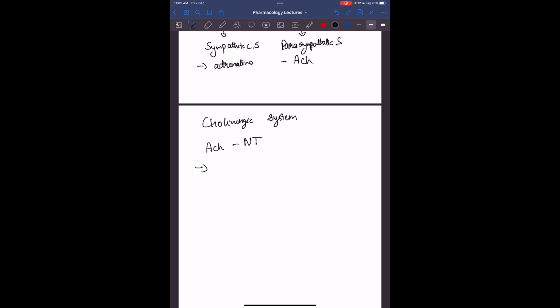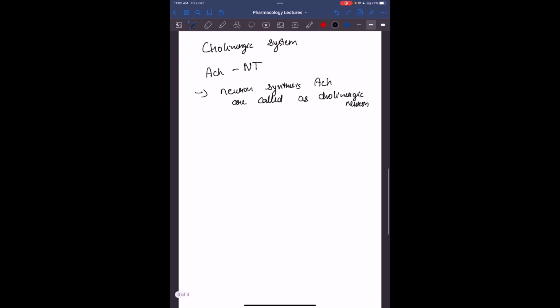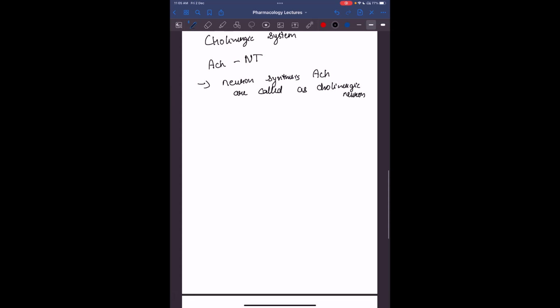So neurons which synthesize acetylcholine are called cholinergic neurons, by the name itself. Now let us understand how acetylcholine is synthesized and secreted. So we will learn the synthesis of acetylcholine.